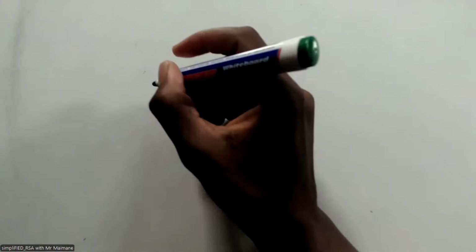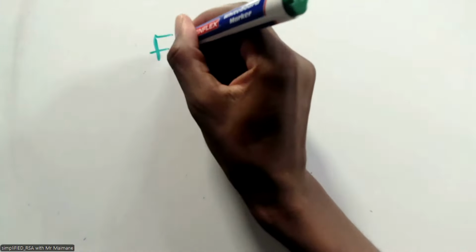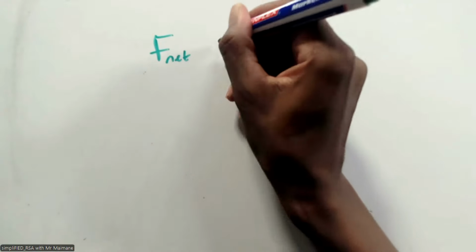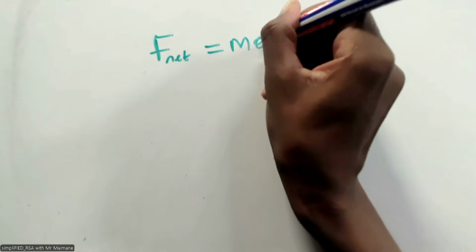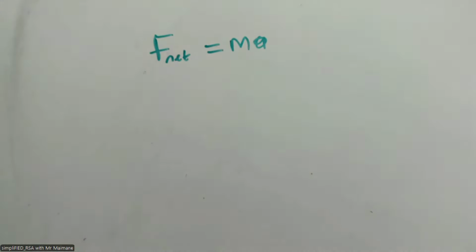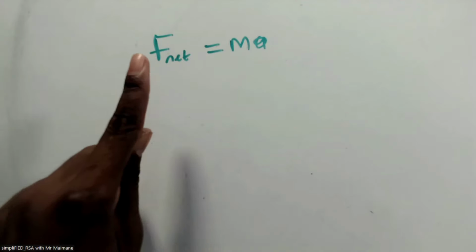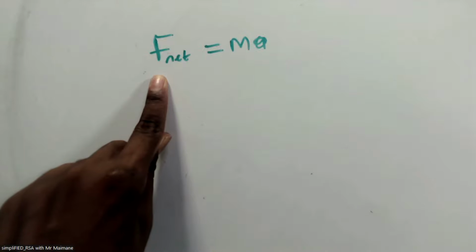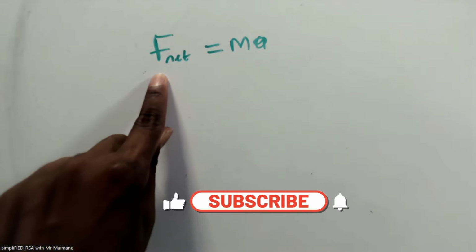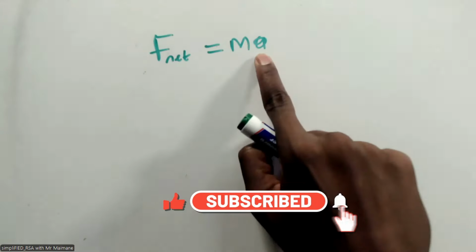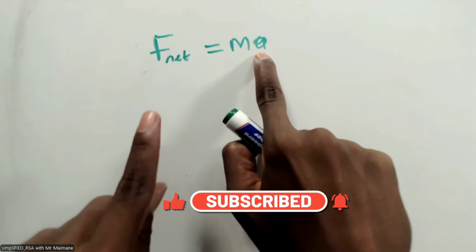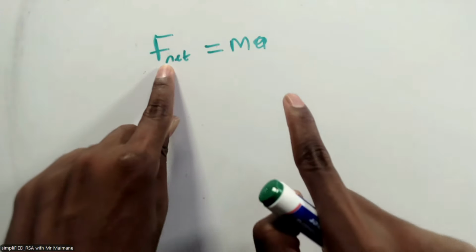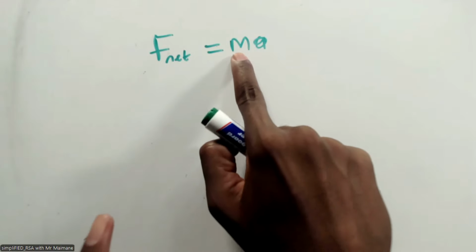We know that the equation for Newton's second law is F net equals ma. Now, the definition is that when a force is applied to an object, the object will move with an acceleration that is directly proportional to the force and inversely proportional to the mass.